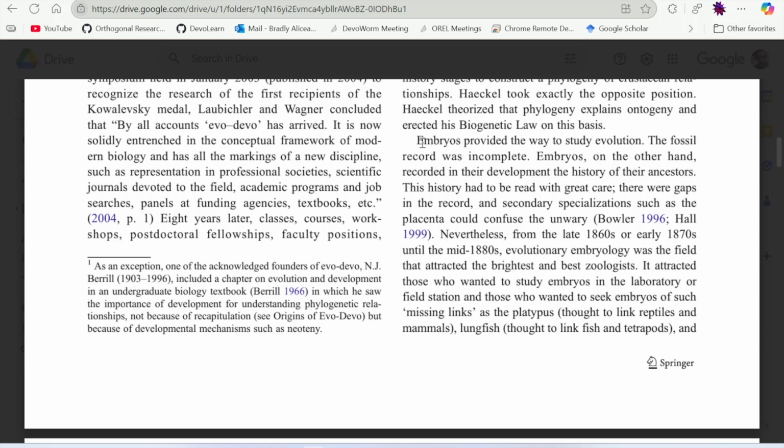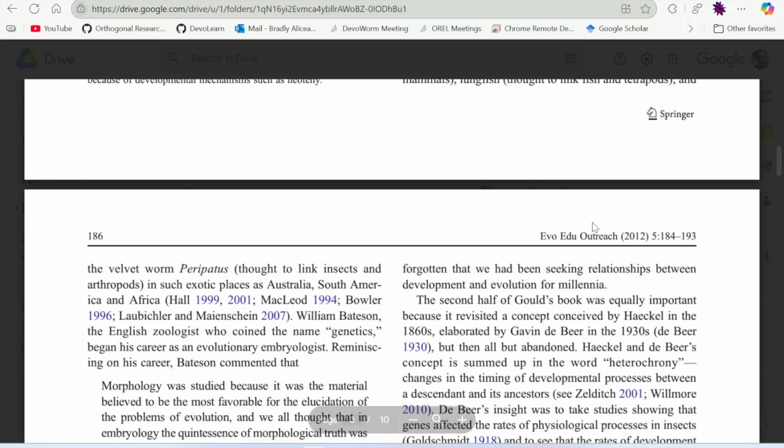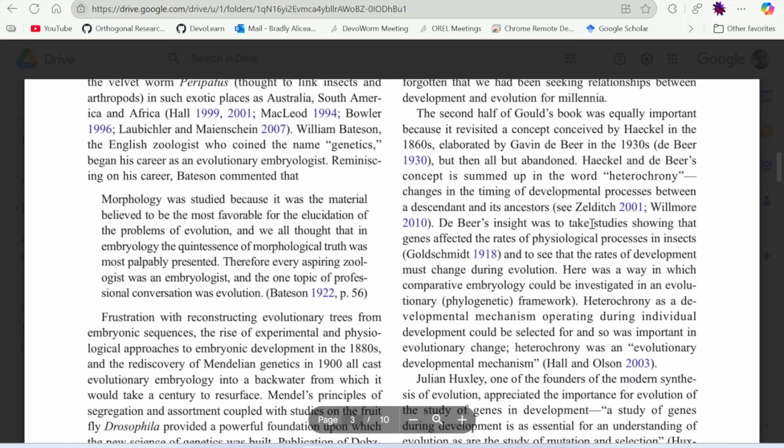And so embryos provided a way to study evolution, but the theoretical framework was lagging by at least a century. So this is a good article if you want to learn more about the history of EvoDevo, not just the origins of the term, but what people were doing in the 19th and 20th centuries to set up this theoretical advance.